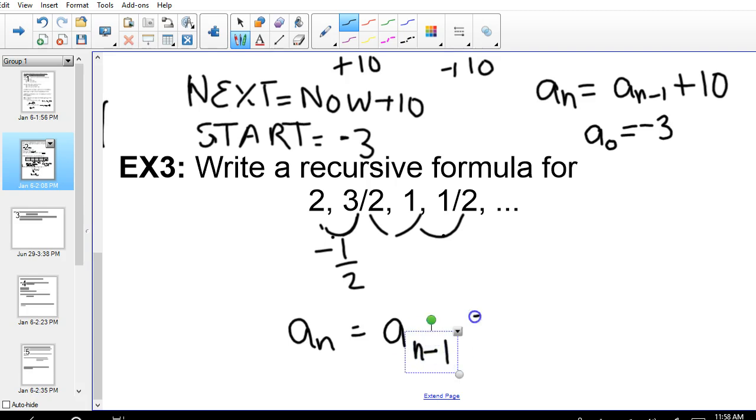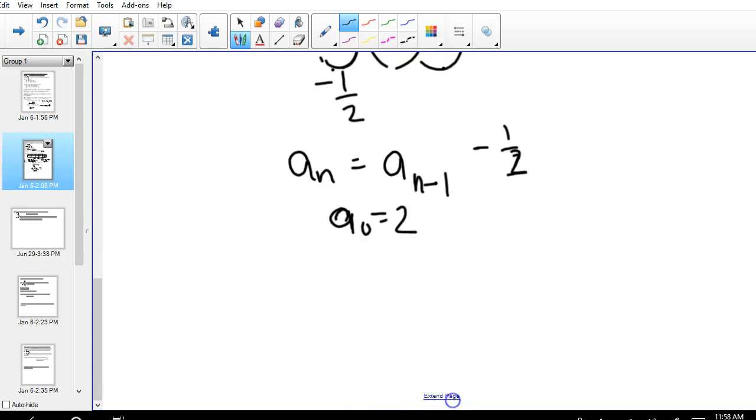And to a sub n minus 1, we're going to subtract 1 half. And our a sub 0 here would equal 2. That start value is your a sub 0. Okay, questions?